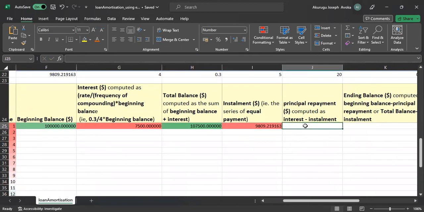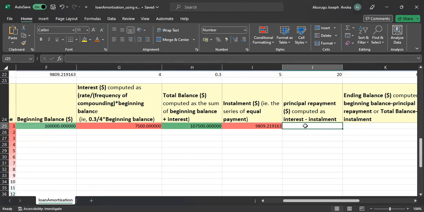Now, principal repayment. Principal repayment is the balance after you have subtracted the interest from the installment. Whatever amount is left is what we call the principal repayment, and it is used to offset or reduce the principal that you are owing to the lender.